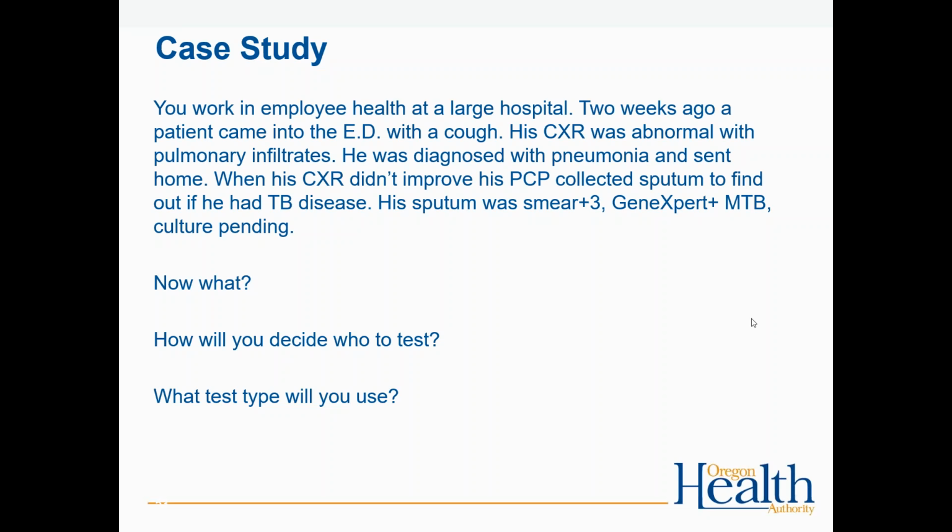All right, so we know this patient is relatively infectious because his sputum was smear plus 3. Usually what we end up recommending is that you start with the healthcare workers that had direct contact with the patient, and then we usually recommend using IGRAs. And if you see transmission in the direct healthcare workers, then of course you call people like us in the county or whatever, and you make a plan between all of us of where you draw the line.